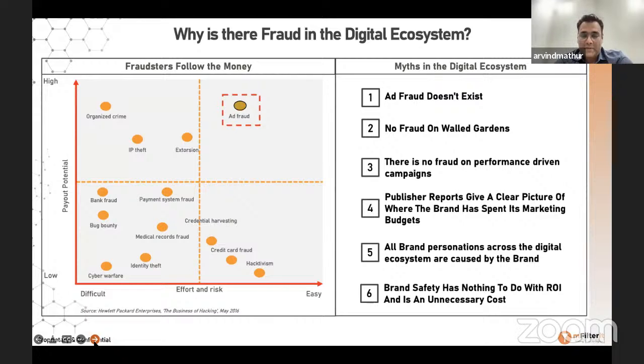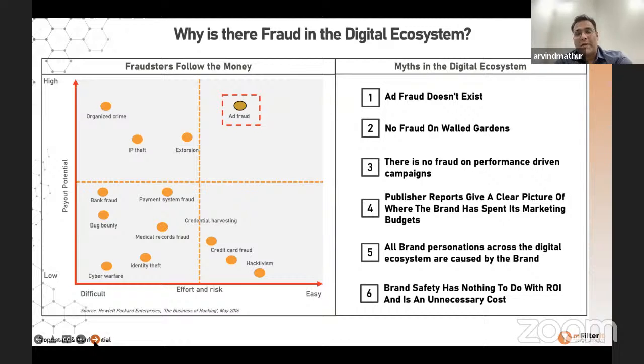You can stimulate that traffic through bots. You can stimulate that traffic by carrying forward different user personas. And because of that, you can fake multiple different responses that a brand seeks online, right?